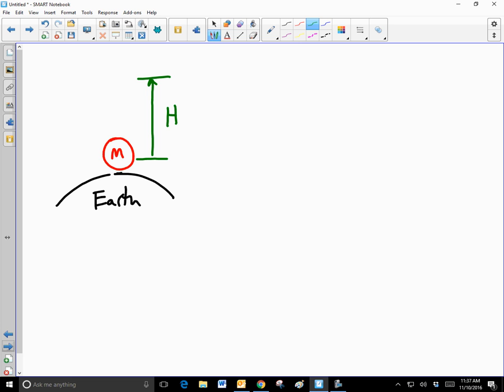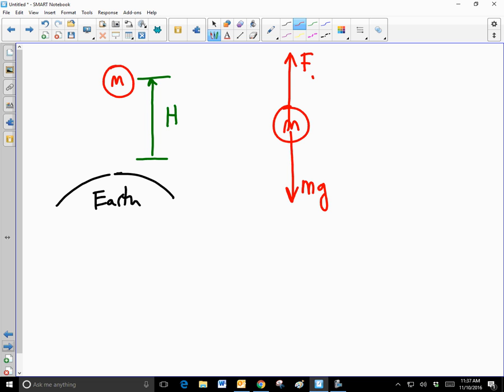What forces are acting on the object as it's moving from this position up to that position? Normal force. So gravity is acting downwards. It has a value of mg. Fp, or normal force, or some kind of force up.